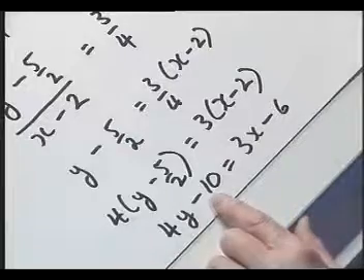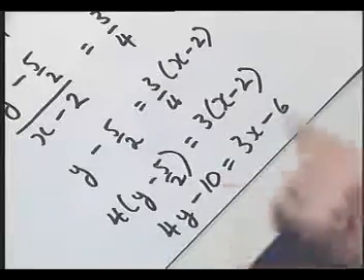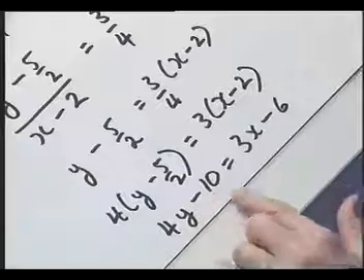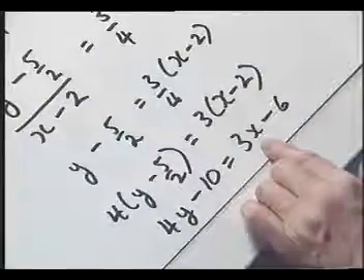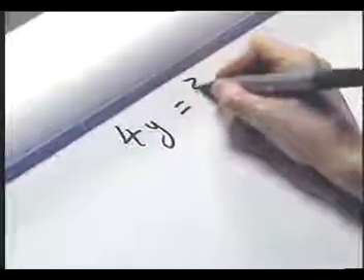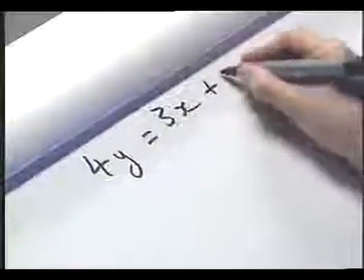And it would be nice to get all these numbers together. So I'm going to add 10 to each side. That will give me 4y equals 3x plus 4. And so the equation of the tangent is 4y equals 3x plus 4.